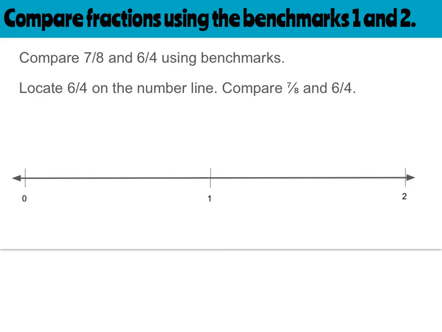So let's compare fractions using benchmarks 1 and 2 now. This question asks us to compare 7/8 and 6/4 using benchmarks. In the last problem, we just figured out that 6/4 is greater than 1 whole. So you'll notice our number line looks a little bit different. We have 0, 1, and 2 on our number line.